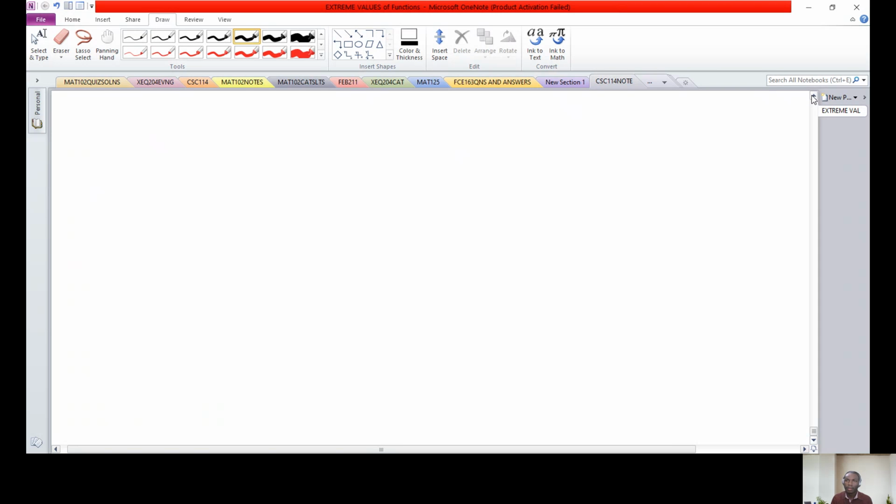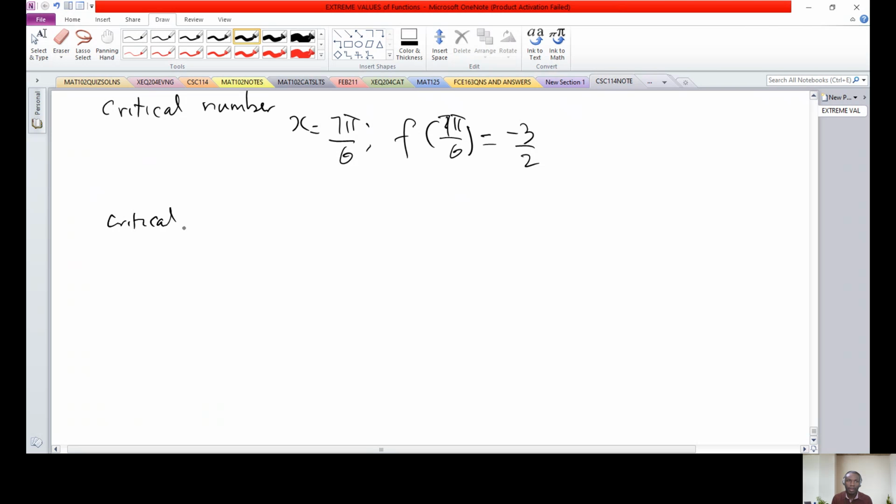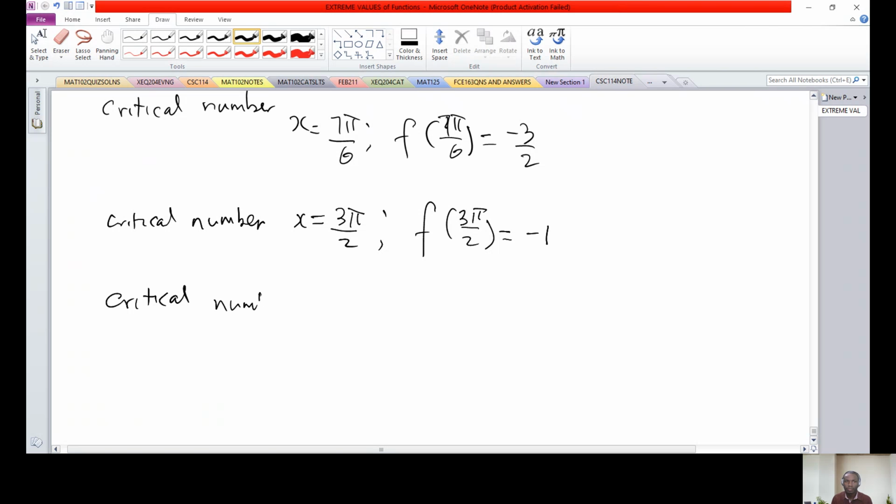And then another critical number, x equals 3 pi over 2. The value of the function at 3 pi over 2 will be given by -1. Another critical number, x equals 11 pi over 6.